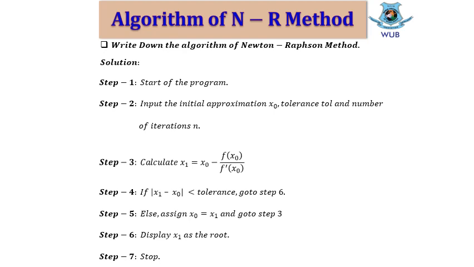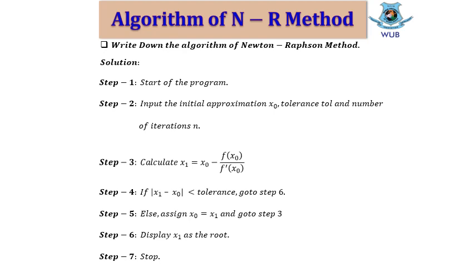Okay, we have to check the absolute value of the difference x1 minus x naught. If the absolute value of this difference is less than the tolerance value, then go to step 6 and display the root of that specific equation.